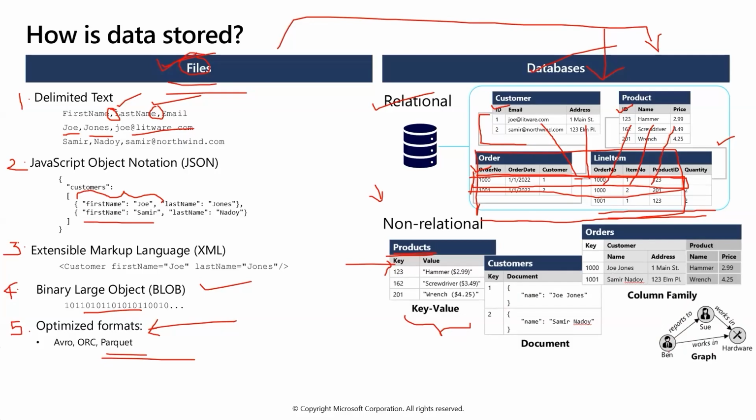It's in the form of a graph. So Ben is reporting to Sue, who is working in so-and-so XYZ hardware. And Ben also works in this hardware. Now, there is a relationship, but it is not visually seen as in the case of relational database. However, it is in the form of a graph, right? You might have seen mind map nodes, very similar to that.